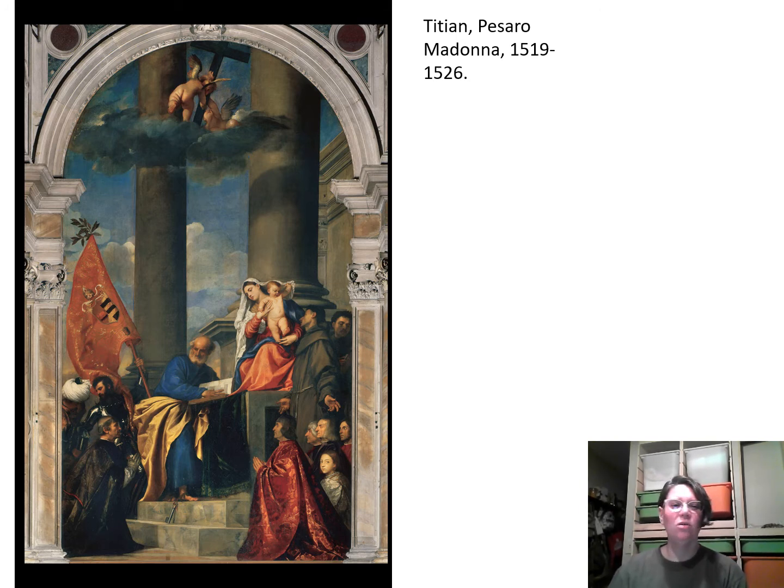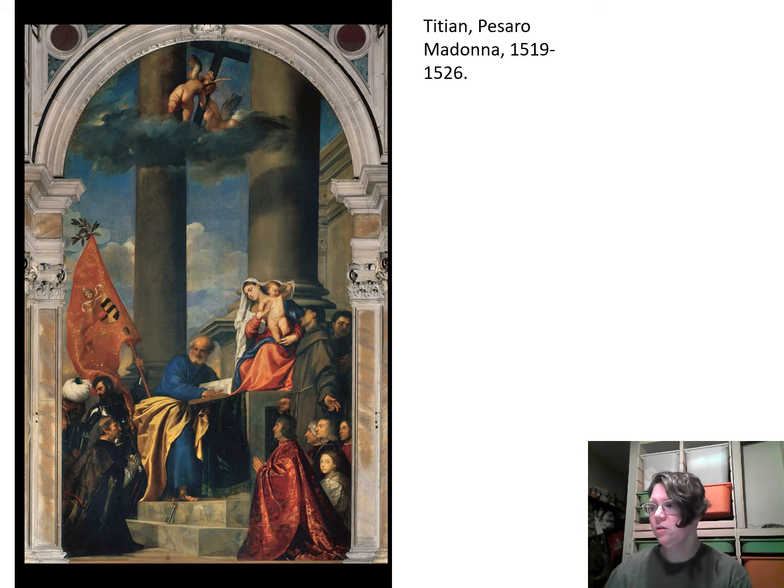At this time, a family coat of arms was very common. So it was just Pope Alexander VI's family coat of arms. Behind him we see a man who has on a turban, a prisoner of war from the Christian forces.